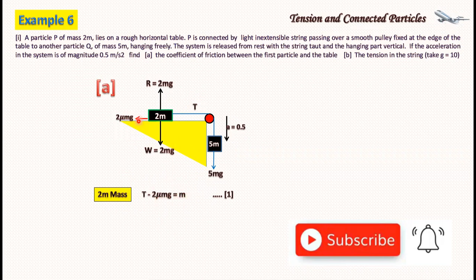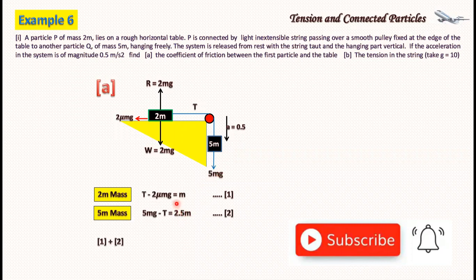So T minus 2 mu mg equals m. Then for the 5m mass, we have the downward components: 5mg minus the tension in the string should be equal to the mass of 5m times the acceleration of the system. So we'll have 5m times 0.5, which is 2.5m.